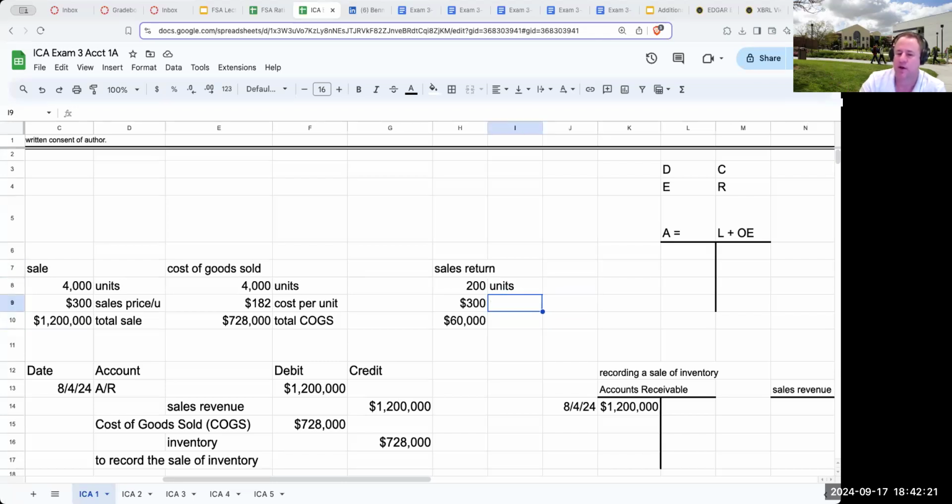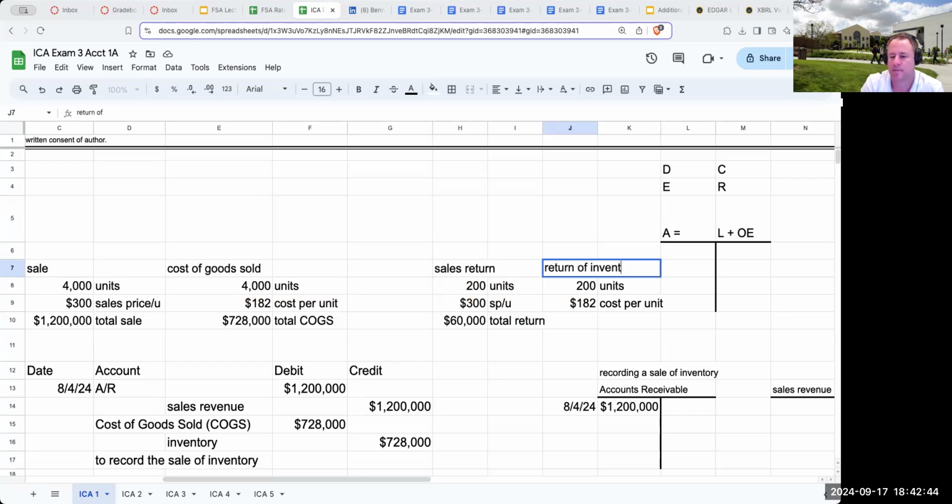And at the same time, sales price per unit, total return, and then also I have the cost because I'm physically getting those units back. Okay, so 182 was my cost per unit by return of inventory. So coming over here, I've got 36,400. I'm getting back 200 units.